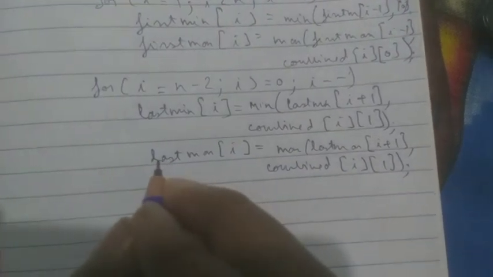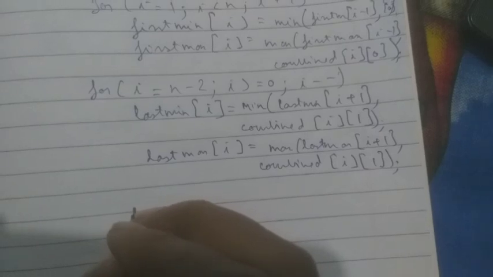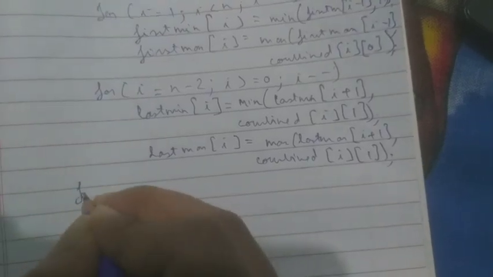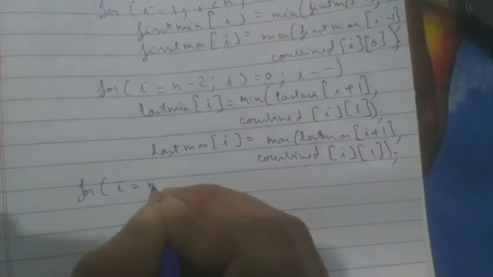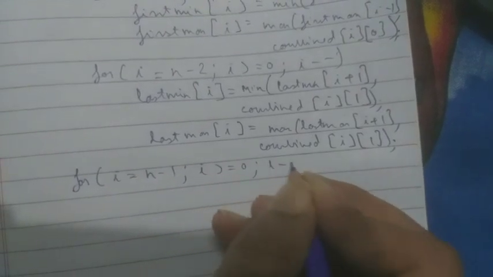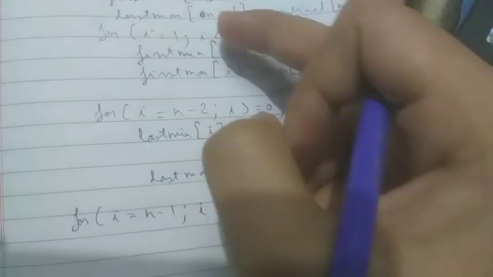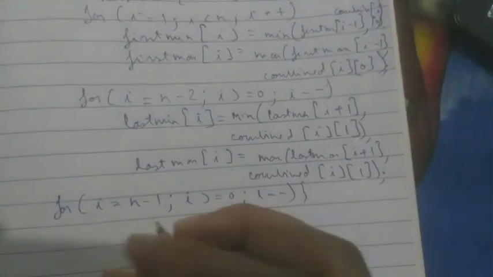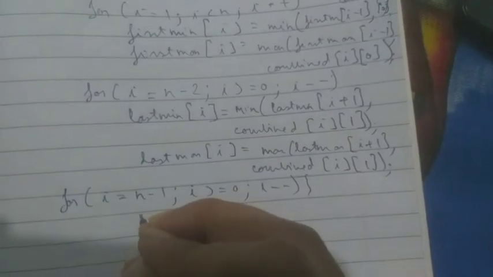Okay, so once we are done with these, we are going to get into the main part of the problem. We run a loop from n minus 1 to I greater than or equal to 0, I minus minus. In this part I will tell you why we have initialized these 4 arrays and why we are filling them up. This is the most important part of the whole question.